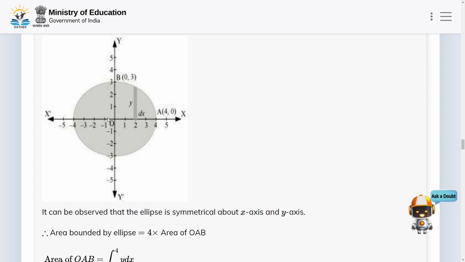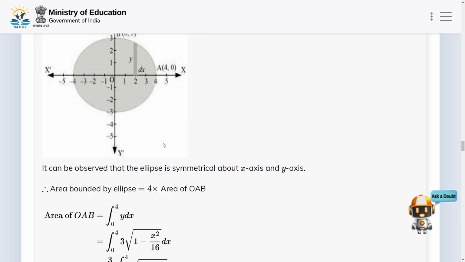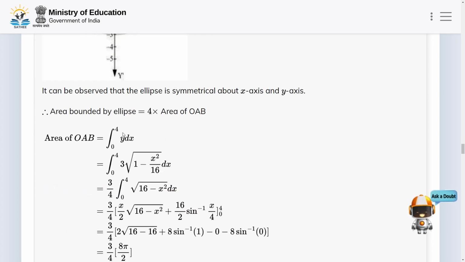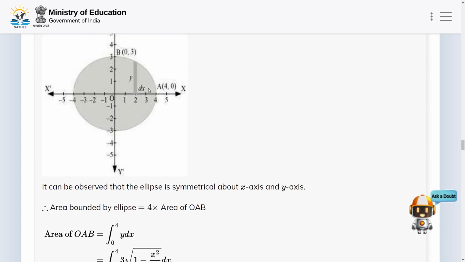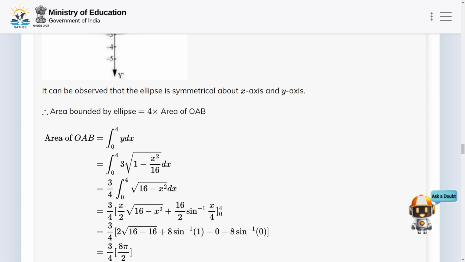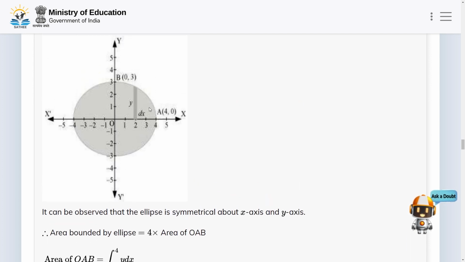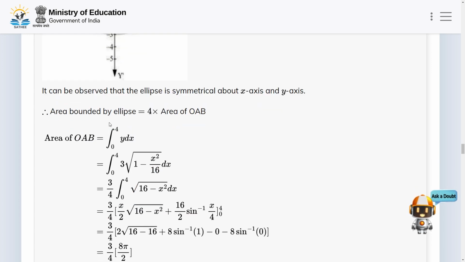Limits go from 0 to 4. So 4 times the area of this part only, 4 times the area of OAB. OAB is this small part. You will get your total area for the ellipse. Now the area of OAB will be the definite integral from 0 to 4 of y dx.